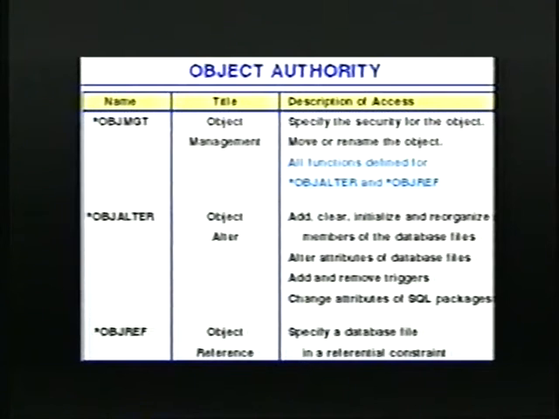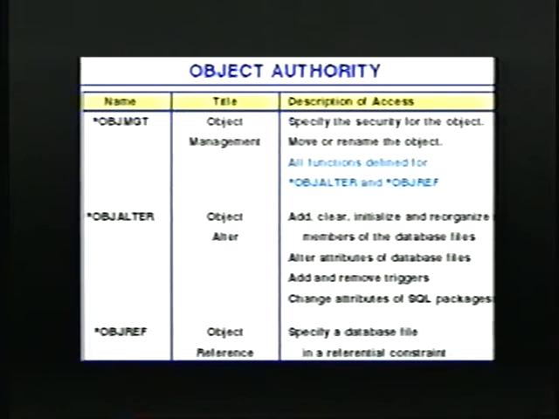Object alter authority is an authority that applies only to database files, and with this authority the user can alter the attributes of a database, add and remove triggers to a database, clear a physical file, and change the attributes of SQL packages.